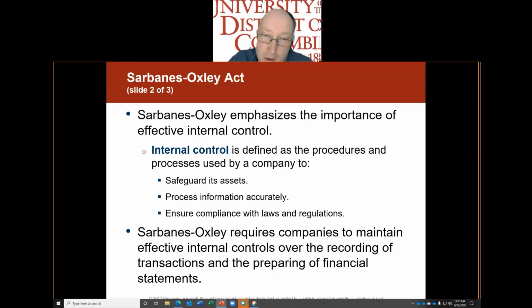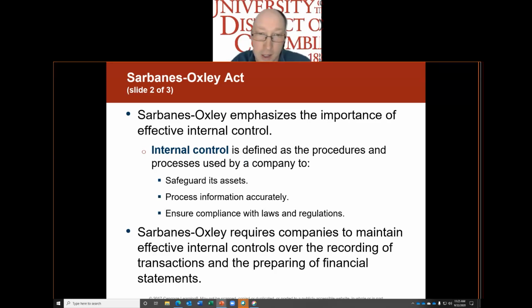Safeguarding assets includes things like using security cameras over the company's inventory and using security measures to prevent theft within the company, such as the use of cash registers, computerized systems, security cameras, and security tags. All of these components help to safeguard assets.